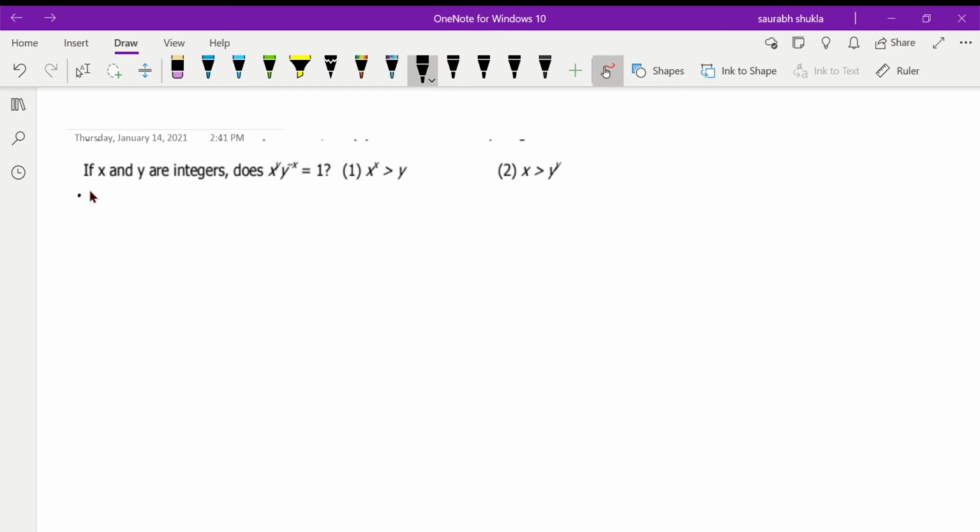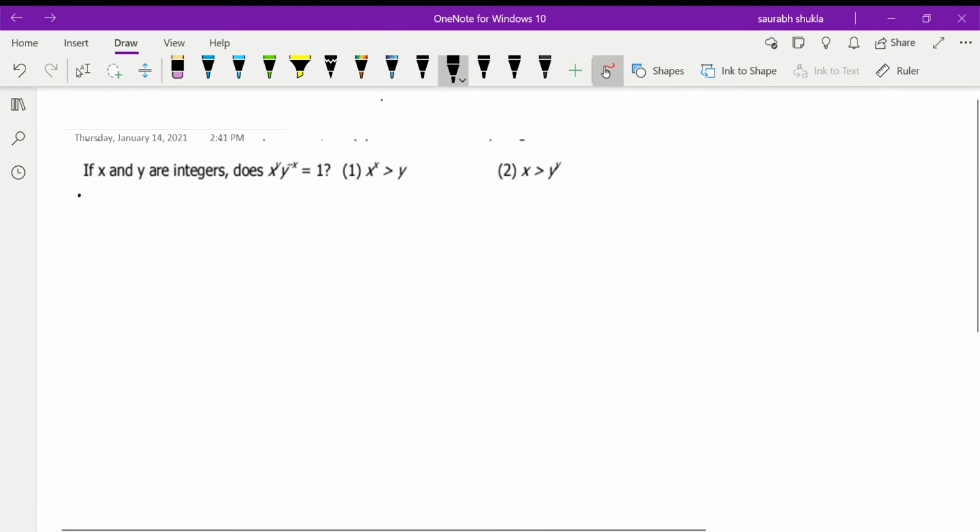What you are given in the question stem is that x and y are integers. So the question is x raised to y, I'm sorry, let me do it again.